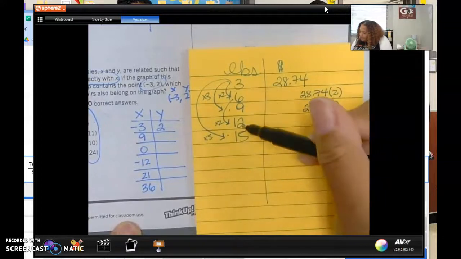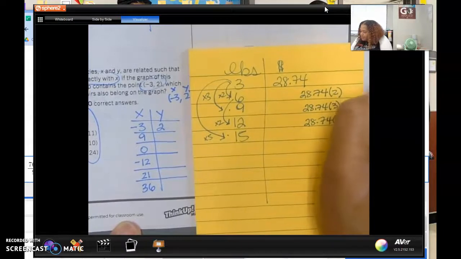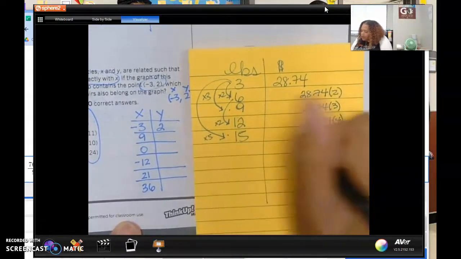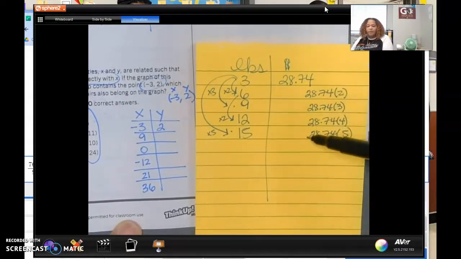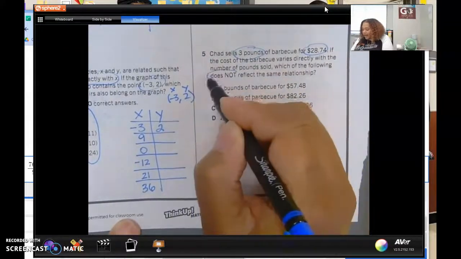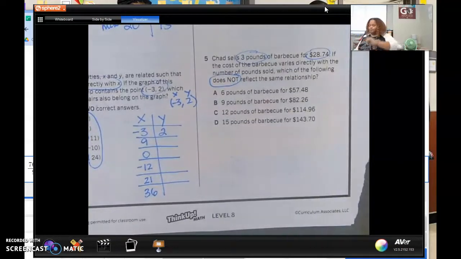And then from 3 to 12 is times 4. So I could do 28.74 times 4. Or I can do 28.74 times 5. I need to calculate all 4 of these to figure out which answer here is not true. Okay, so 3 of them are going to be correct, 1 will be wrong.